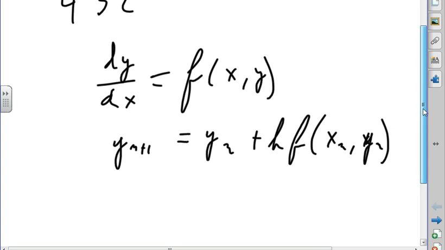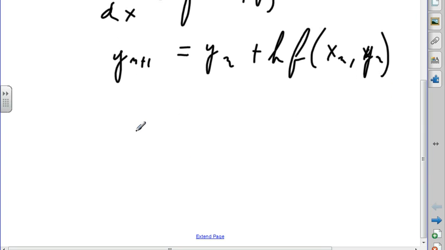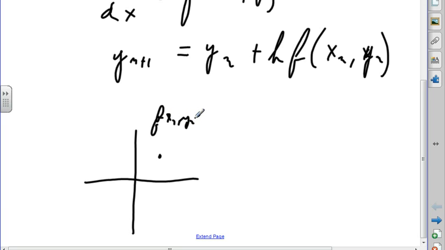So I look at that and say, okay, well, I know the function f of xn, yn. I know that point. It's sitting right there. And then if I find some step up here, and I have some slope that gets me there, I'm going to approximate the answer.